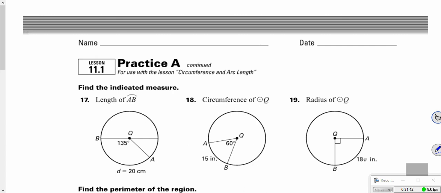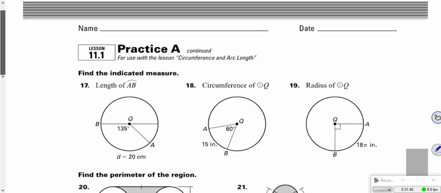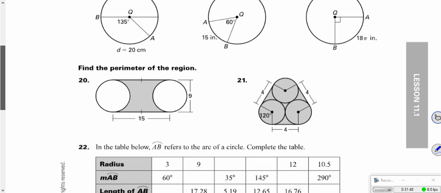Really the only ones I want to do back here and help you with are 20 and 21. Couple things I want to point out here. This should be find the perimeter of the shaded region. They kind of left that word out. I think it's intuitive when you look at it, but just wanted to make sure.